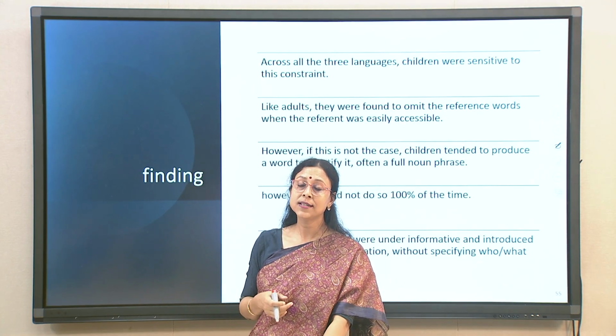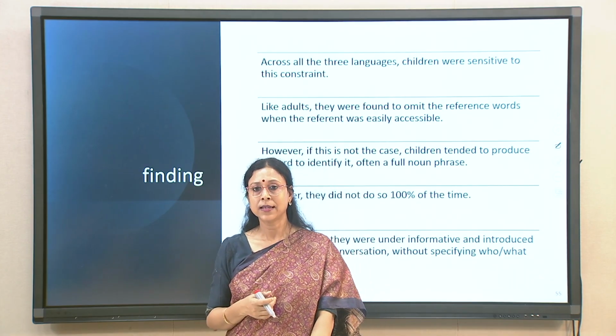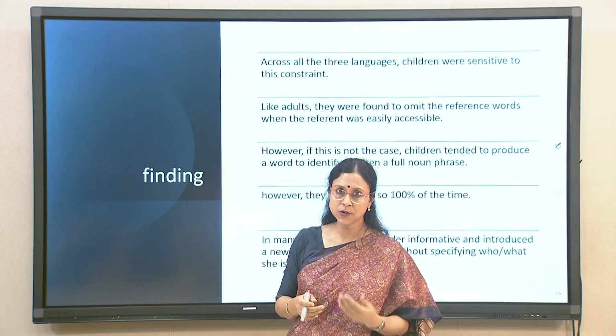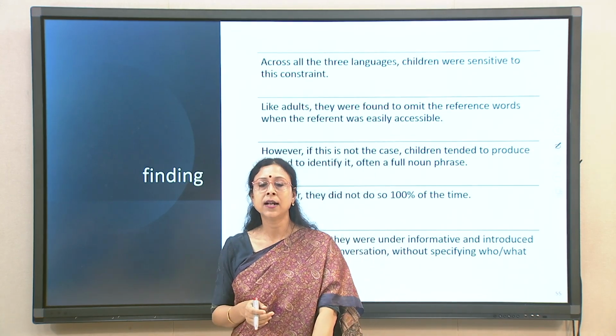However, they did not do this 100% of the time. That means, they had some errors. Though they could do it on many occasions, in some cases they did not. In many cases, they were under informative and introduced a new topic of conversation without specifying who or what she is referring to. So, in the flow of conversation, the children were also found to be under informative.